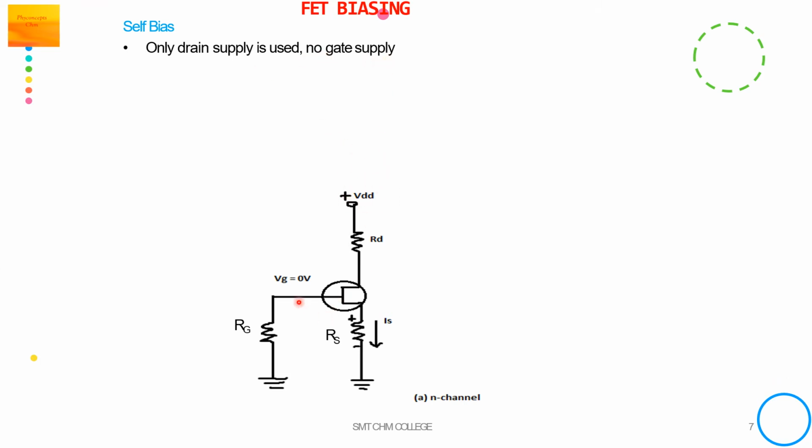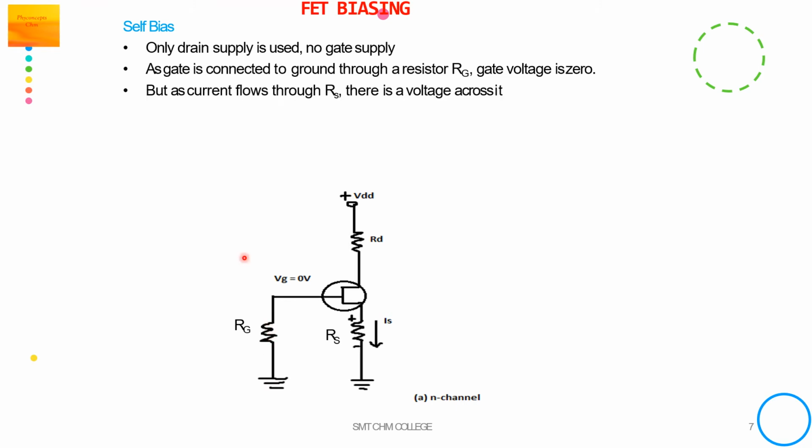VDD is connected, there is no voltage applied to the gate. Now as the gate is connected to the ground through a resistor RG, the gate voltage is 0.